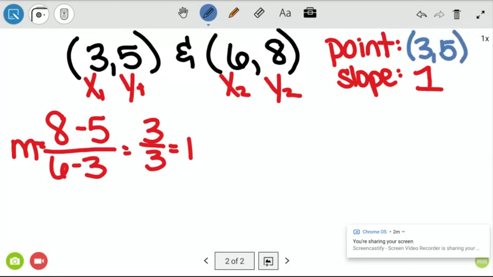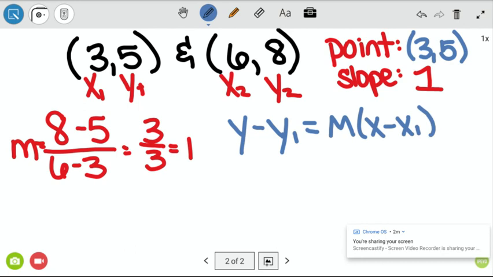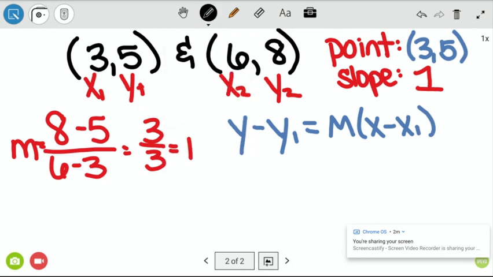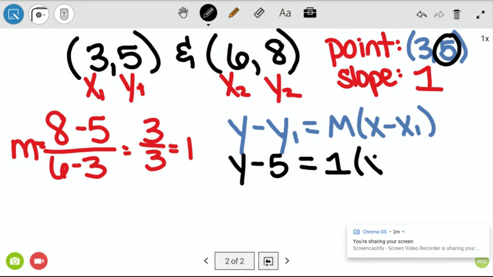So once you find the slope, then we can plug in to the point slope formula. So we are going to use our y minus our y coordinate here is 5. Our slope is 1. And then we're going to take x minus the x coordinate is 3 that we chose.